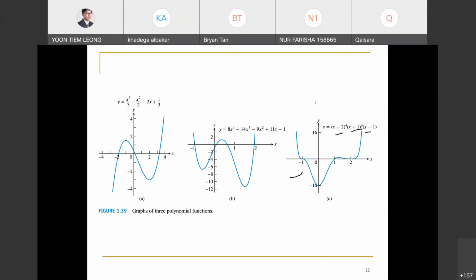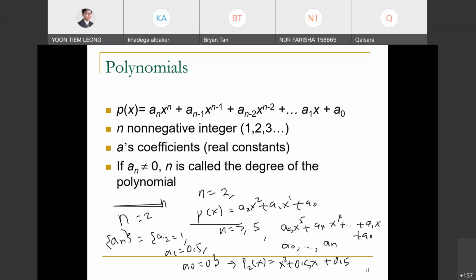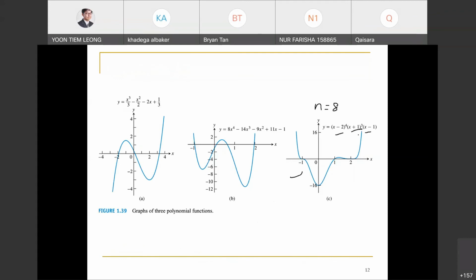So this is a polynomial of order 8, okay? But it's just expressed as a product of 3 factors raised to different orders. So basically this is a polynomial. Although it doesn't look exactly like this form, it is understood to be just a polynomial. It's just expressed in a factored form.